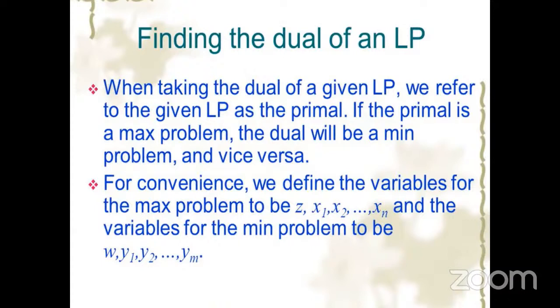For convenience, we take the maximization problem as z equals some equation in x1, x2 and so on, and the minimization problem in the dual as w equals y1 plus y2, y3 like that. That tells you that you have converted the primal problem into a dual problem. That is the concept here.